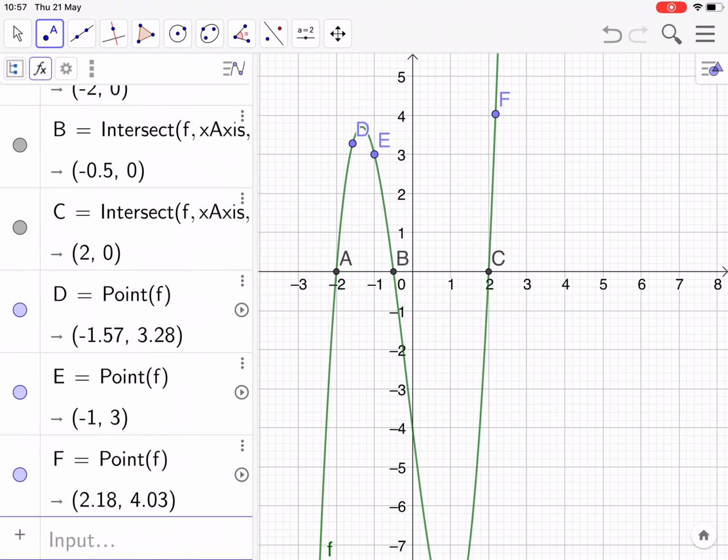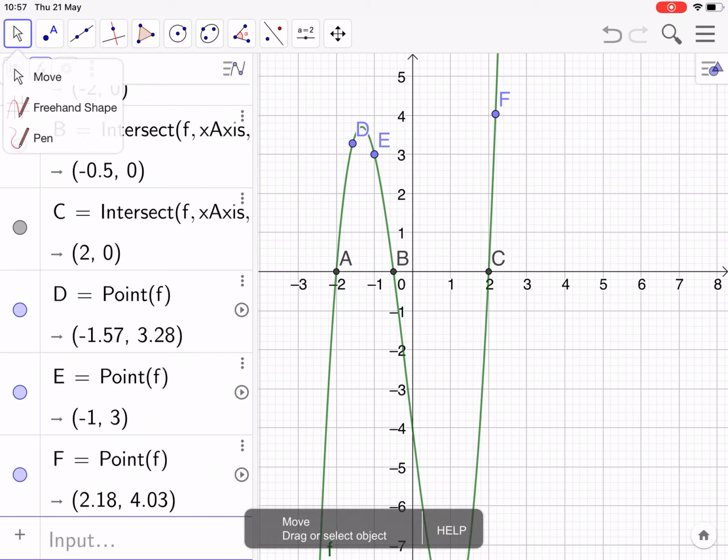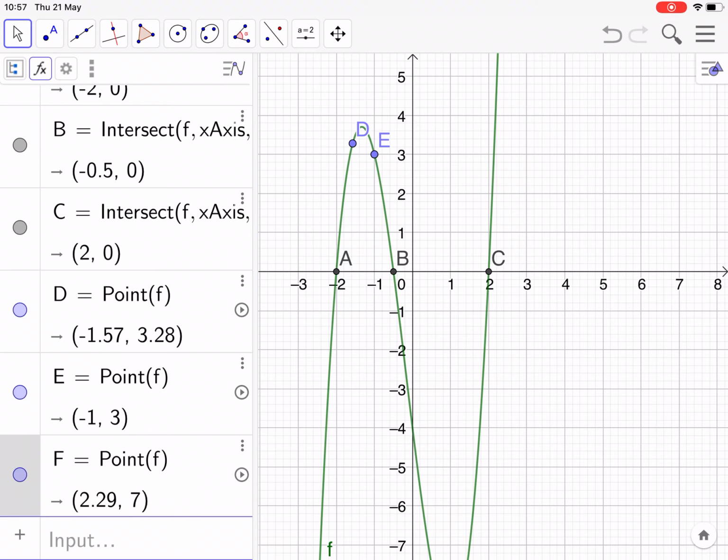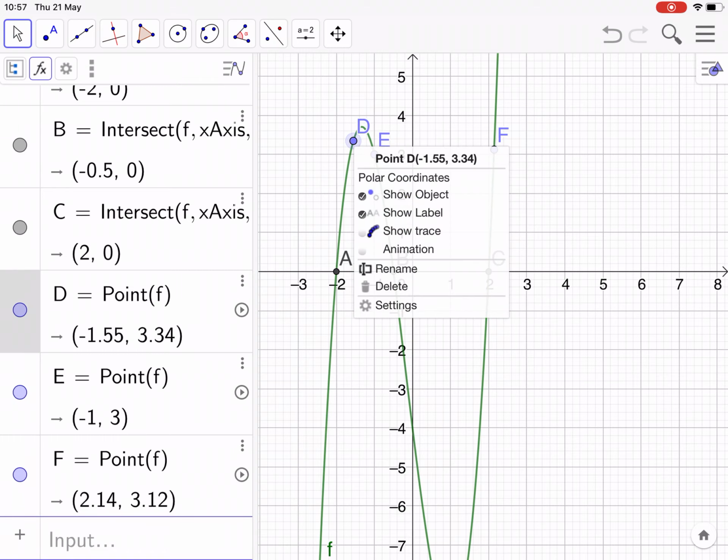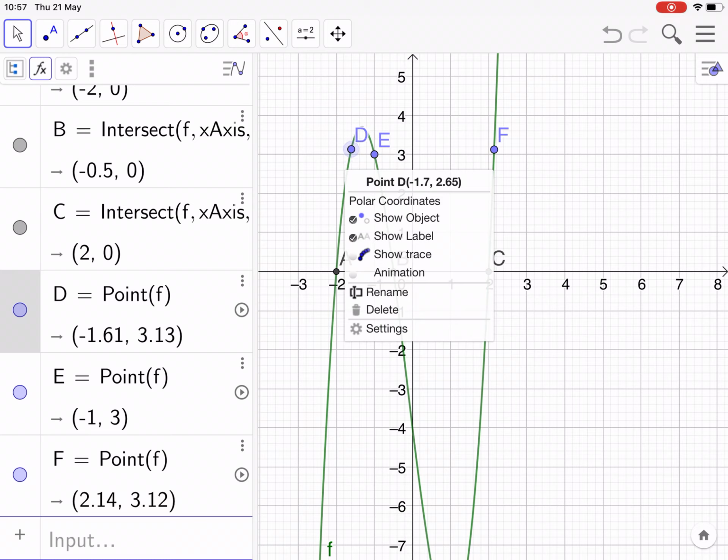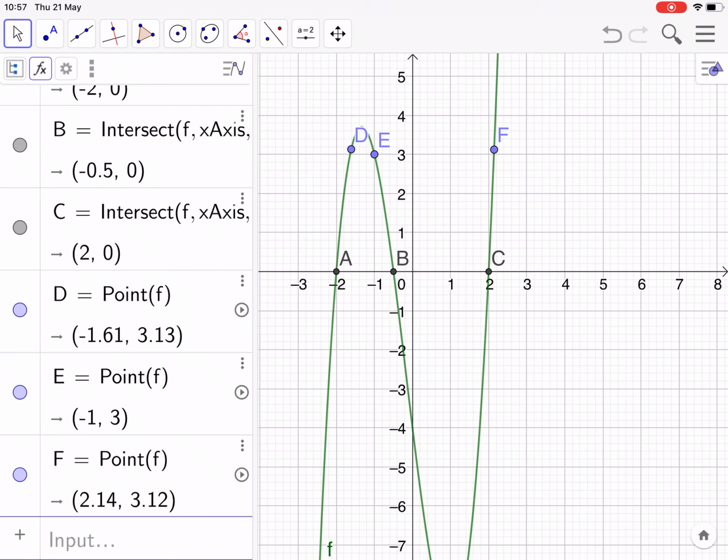We move them to where it hits the function at 3. A bit tricky to get our hands on. But yeah, nearly there. And there. So you can see, you can plot the 3 points.